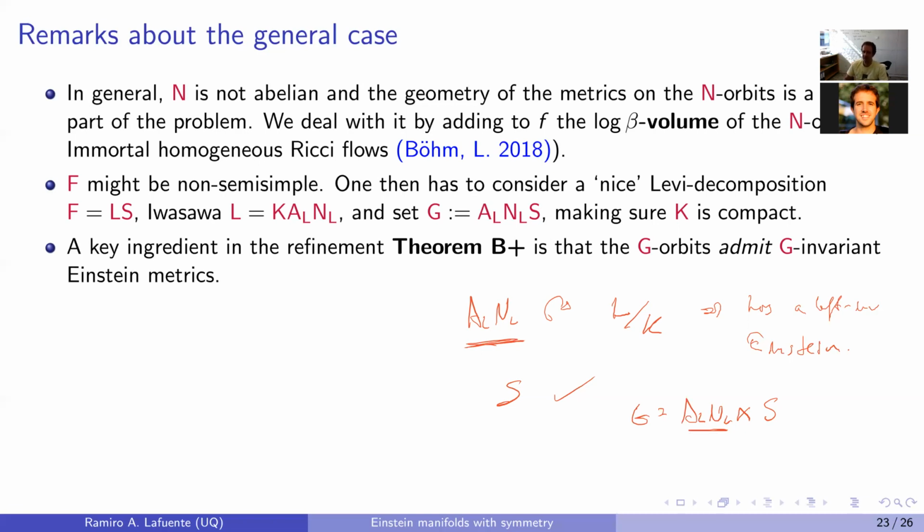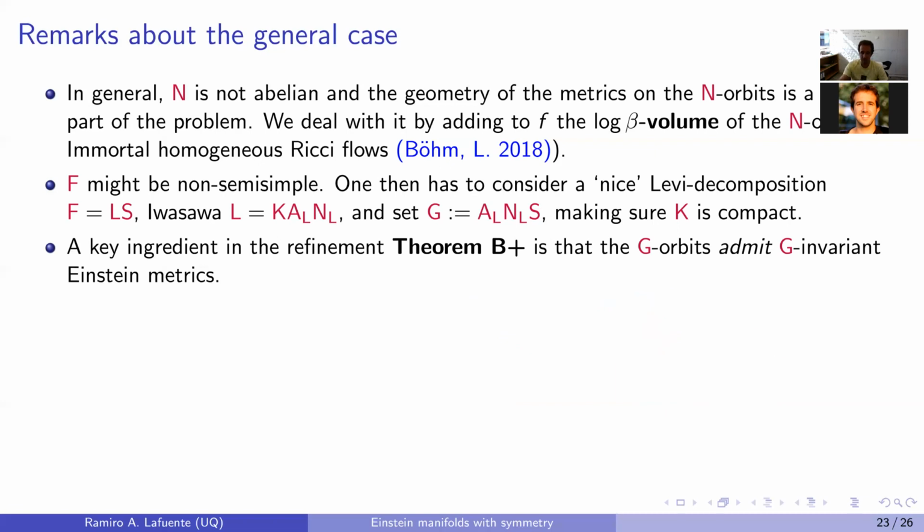Namely, it is the symmetric metric on this symmetric space, so it's L invariant, and that's what makes this work. One has to prove this, and it's technical, but luckily it's still true, and it's very important for proving Theorem B plus.